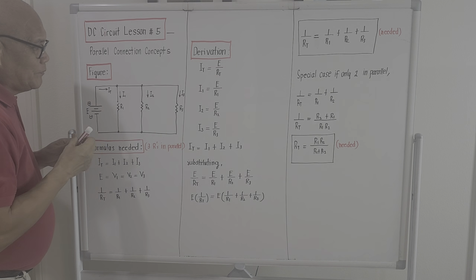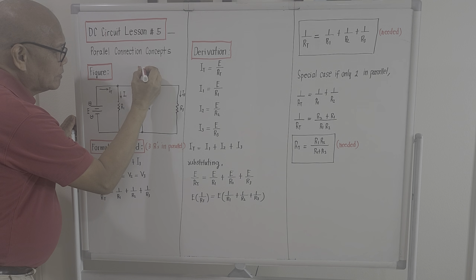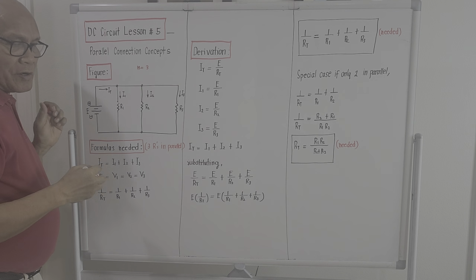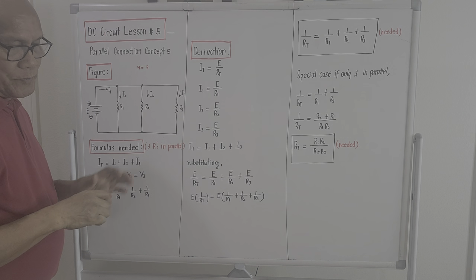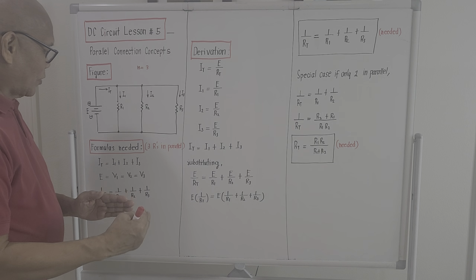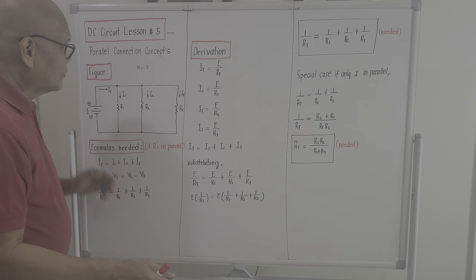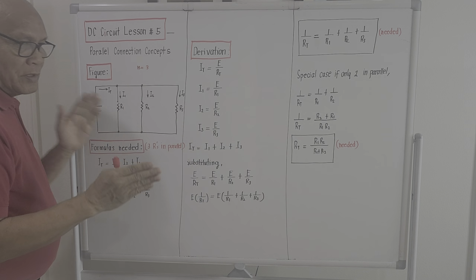For the meantime, N is just equal to 3, where N represents the number of resistances in parallel. Because the formulas I gave you are just true for N equal to 3.